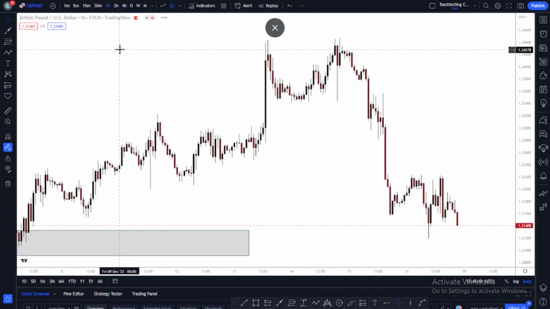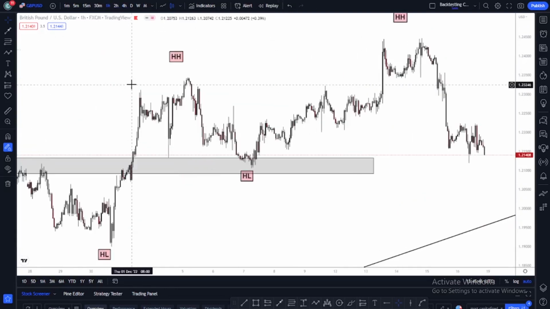Good. So coming to the 1 hour time frame, what did I see price do?